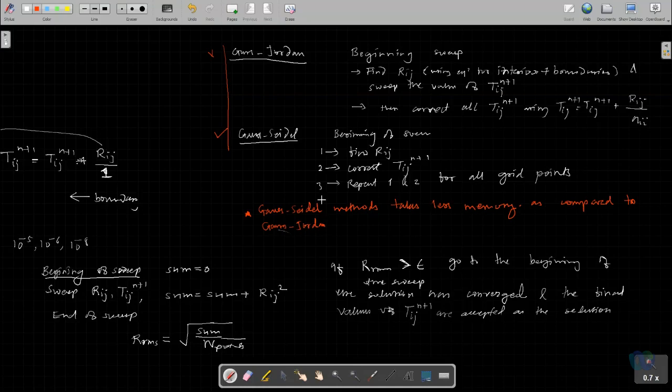How will you store the latest values or any old values? In terms of arrays. Okay, so the arrays required for storing these values will be more in the case of Gauss-Jordan as compared to Gauss-Seidel. So by storing the latest value, it essentially saves memory.